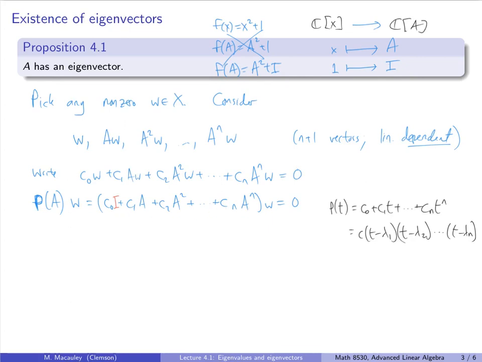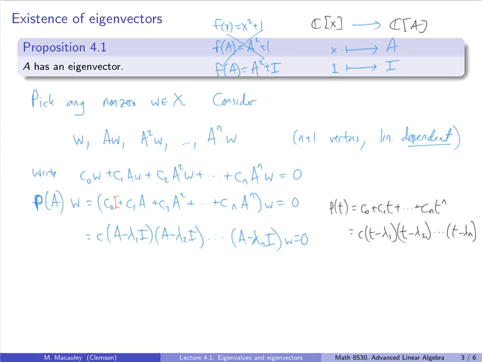Imagine plugging A into here. We will get A minus lambda 1 I times A minus lambda 2 I, and so forth. So we can write this as c times A minus lambda 1 I times A minus lambda 2 I times A minus lambda n I, times W, equals 0.